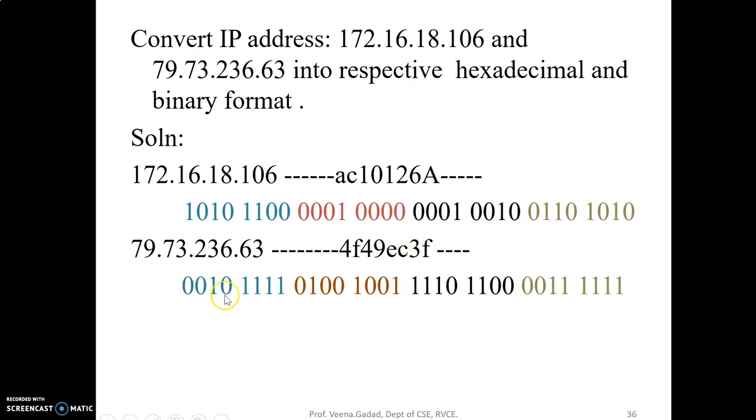Similarly, the binary representation for the same is this. You have to become very perfect at this representation in hexadecimal form as well as binary form. The binary form is important because when we deal with subnetting and subnet masks, you have to remember how many bits of ones you have and how many bits of zeros you have.